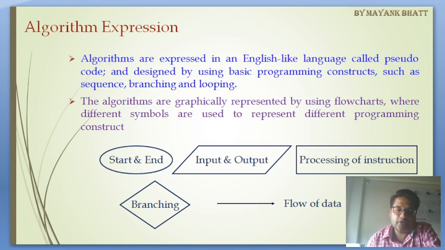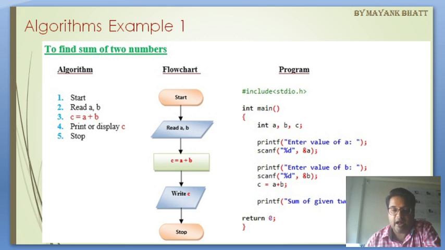Then we are using parallelograms which will store the inputs and outputs, and for the instructions we use the rectangle box, and for conditions we use the diamond box, and for the flow of data we use directed arrows.